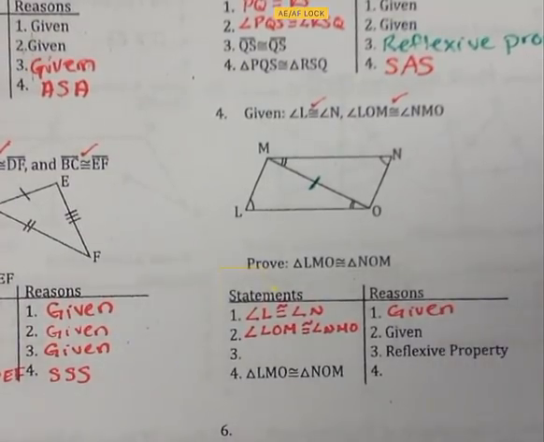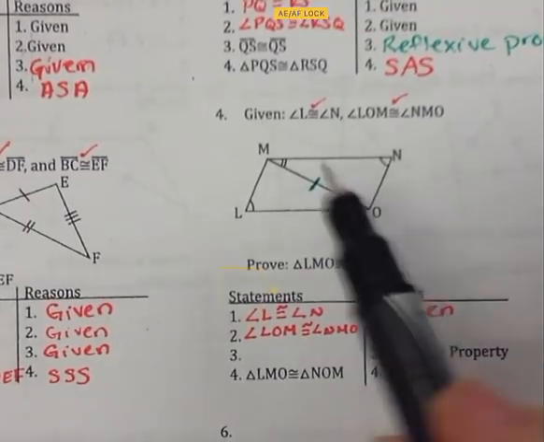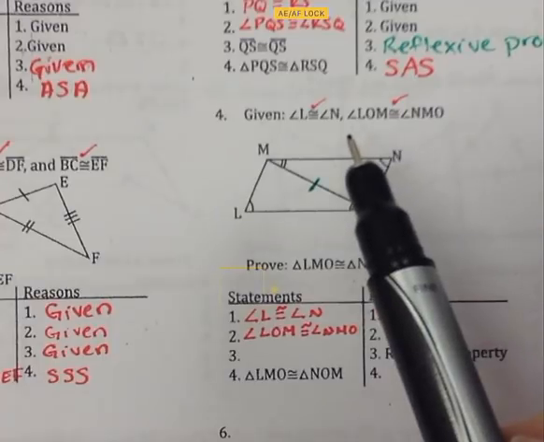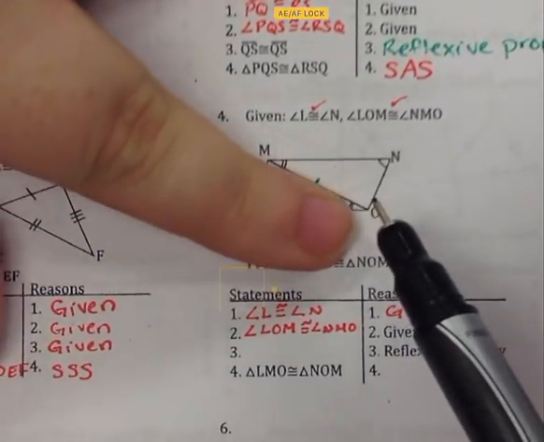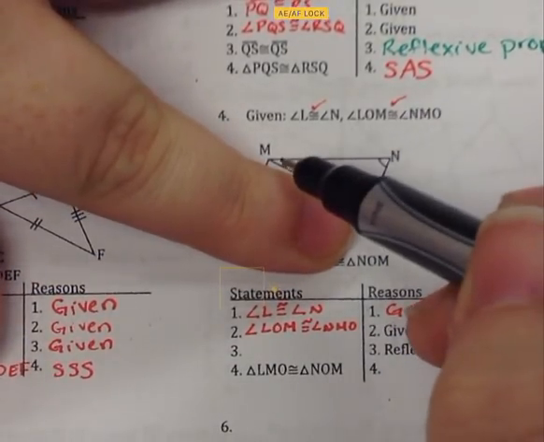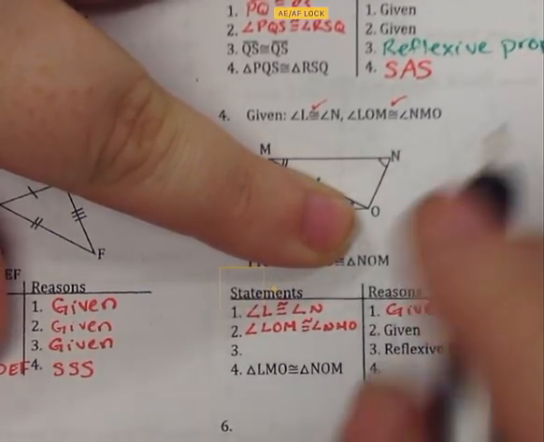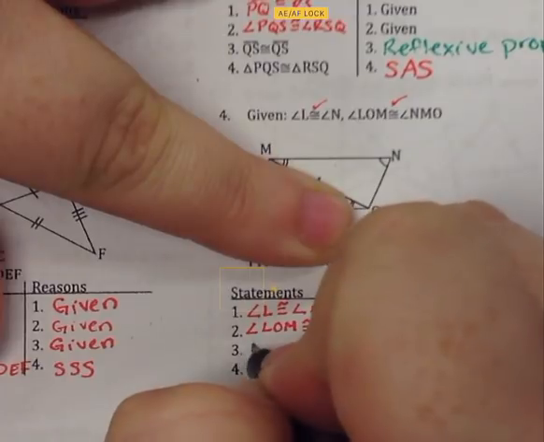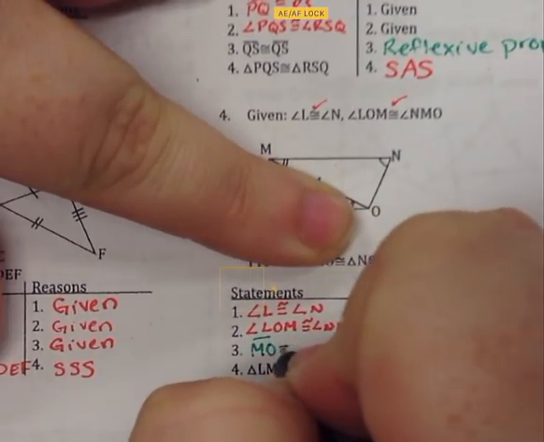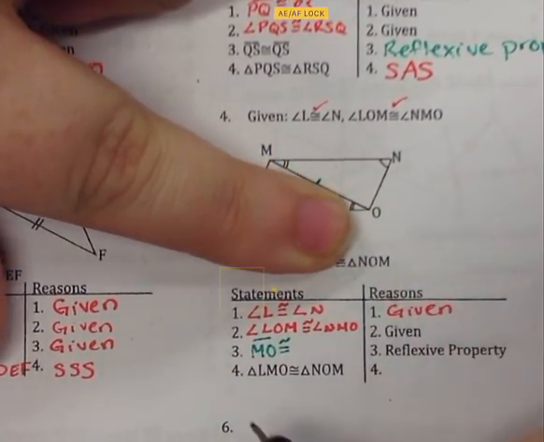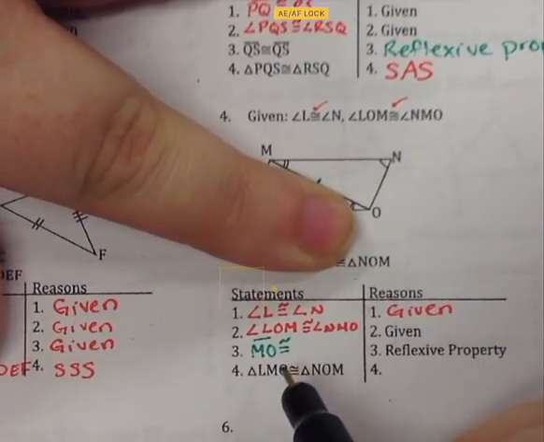So the way we name this is really important because you have to name them appropriately. Using this top triangle, we can name this segment any way we want to. We can name it MO or OM. So I'm going to name it MO, segment MO. It's congruent to segment... Now we can't name it MO unless it is allowed to be.